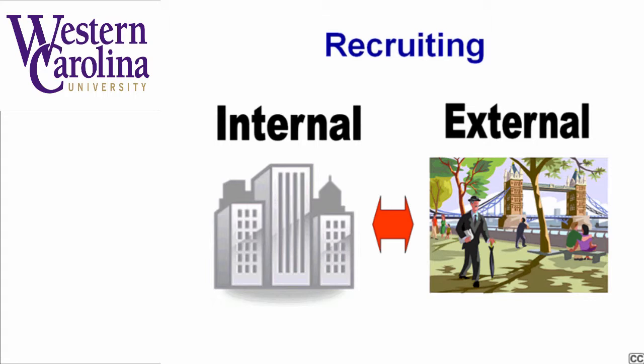In municipal EMS organizations, this often involves recruiting not only within the EMS division, but throughout the larger municipal government or environment. External recruiting activities are those that take place outside of a given organization. Now let's take a closer look at the various methods that fall into each of these two categories.